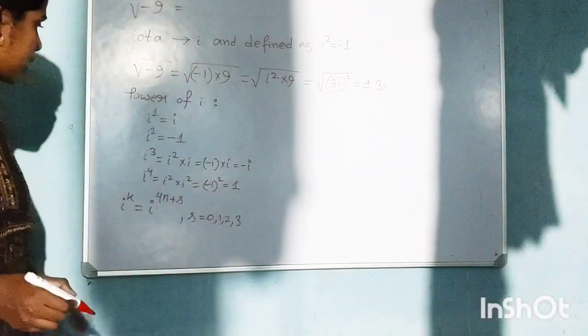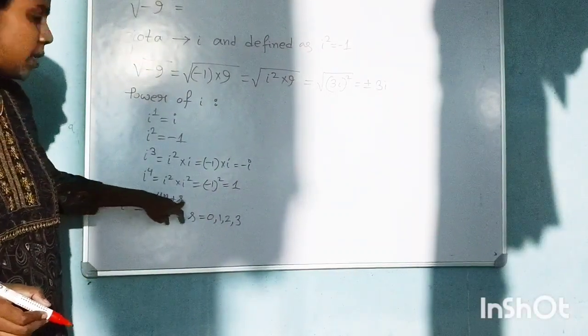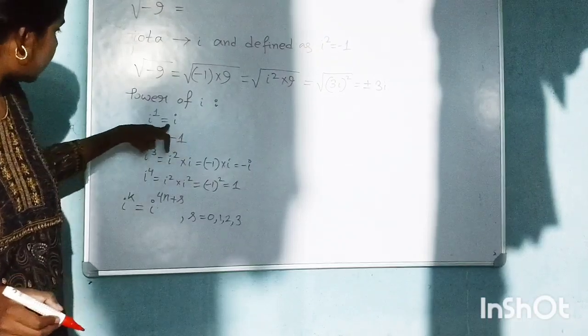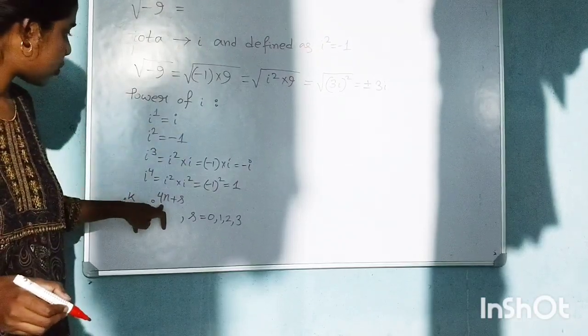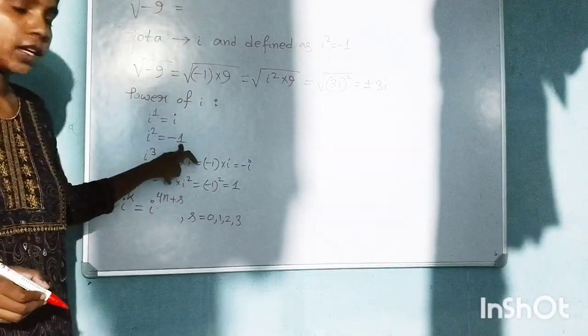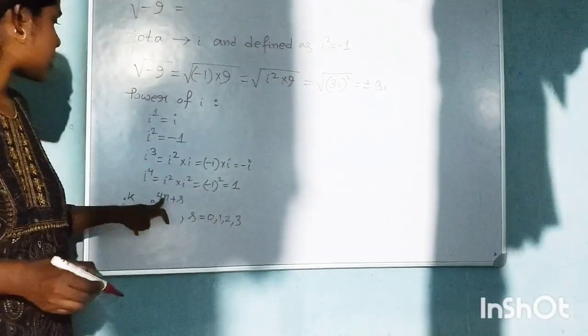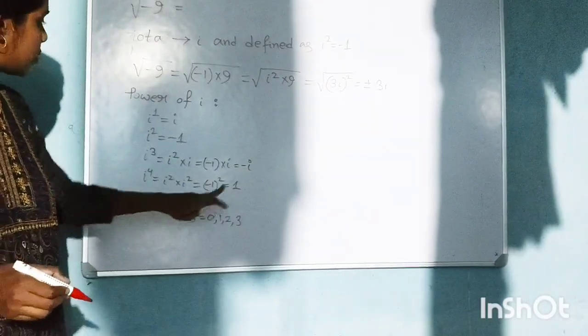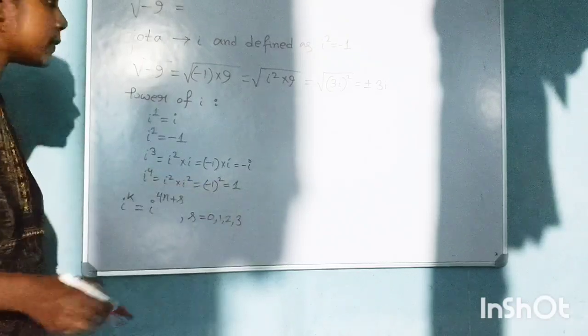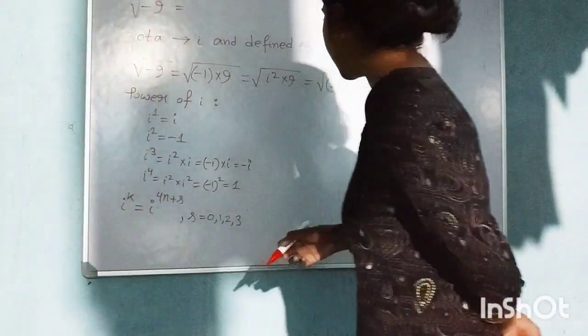Okay. So if i to the power 4n plus 1, then the value will be i. If it is i to the power 4n plus 2, value will be -1. If it is i to the power 4n plus 3, value will be -i. If it is i to the power 4n plus 4, value will be 1. Okay, understand?